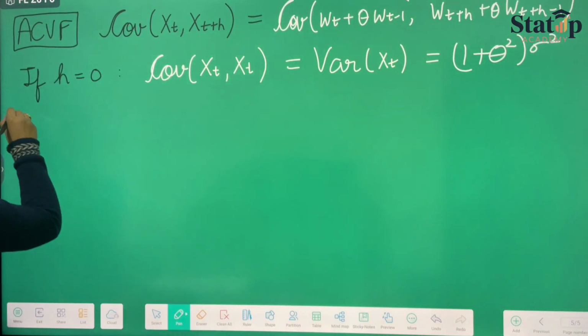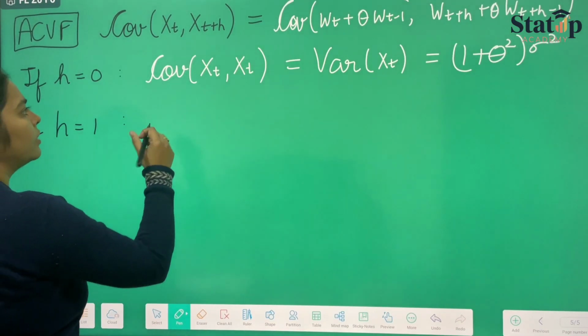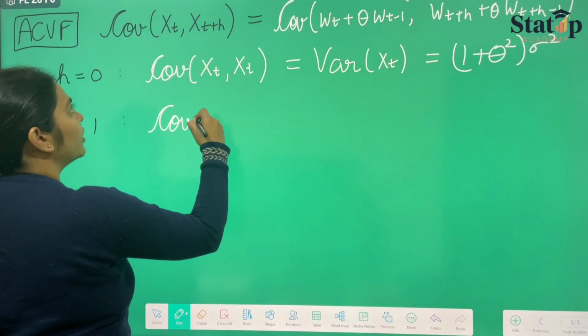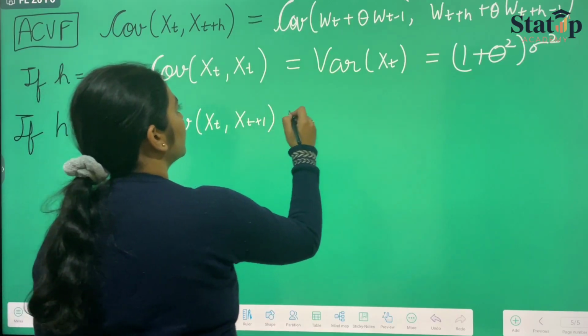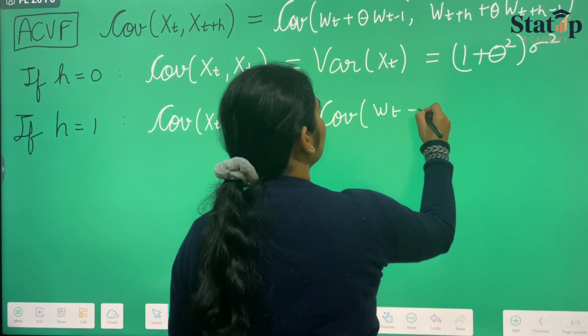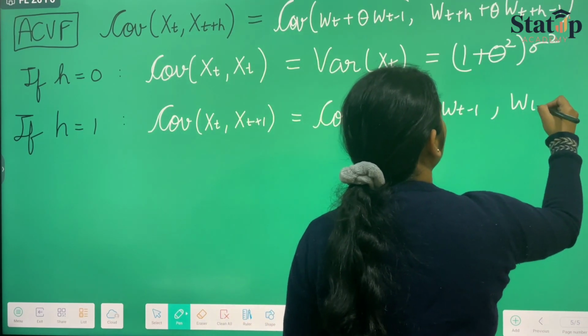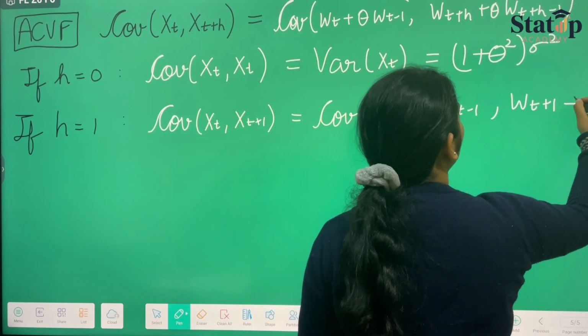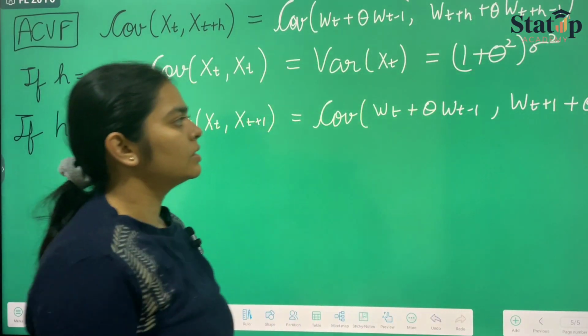If h is equal to 1, then covariance will be covariance of xt and xt plus 1. This would be covariance between wt plus theta wt minus 1 and wt plus 1 plus theta wt. This would be the case.